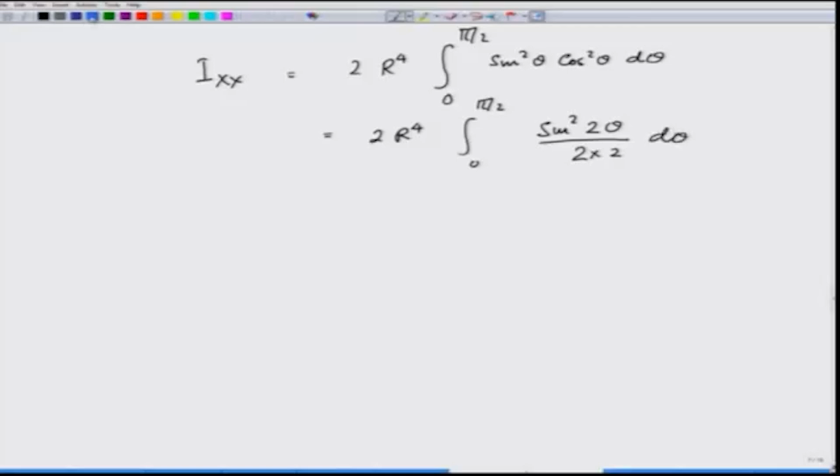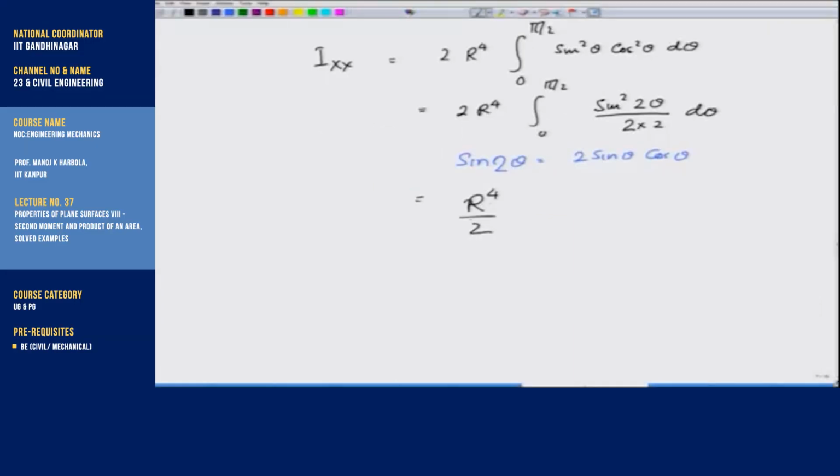I made use of the fact that sine 2 theta is equal to 2 sine theta cosine of theta, and therefore Ixx becomes r raised to 4 divided by 2, because this cancels, integral 0 to pi by 2 sine square 2 theta d theta.